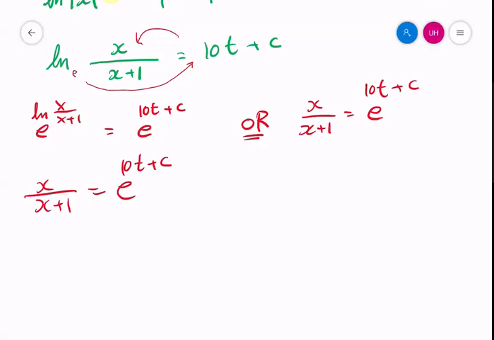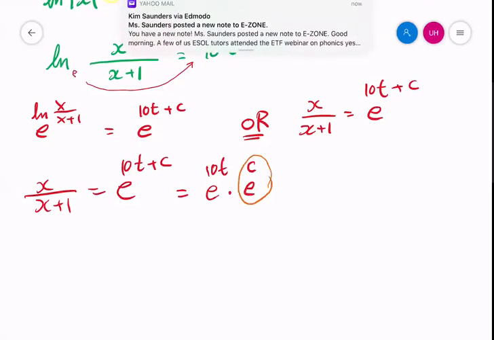Right, remember yesterday we said if we have e to the power 10t plus c, it means e to the power 10t multiplied by e to the power c. And we can call this e to the power c d, or k, or anything, or a.